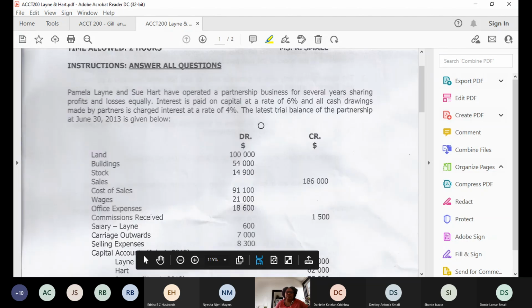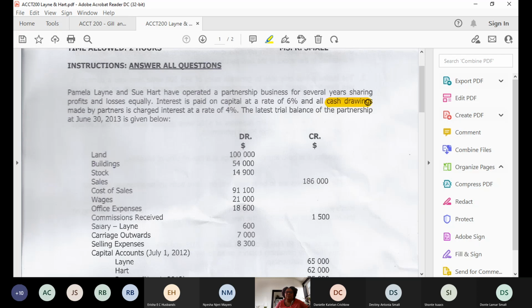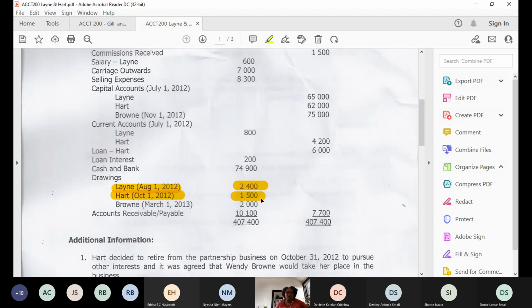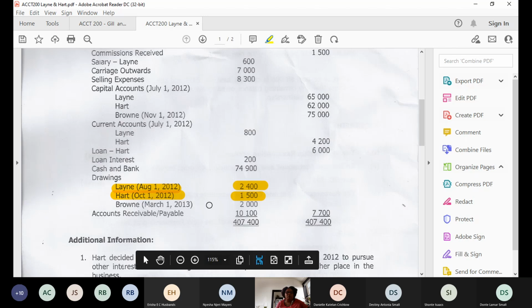We have to look back at the agreement. The old agreement states that cash drawings interest is at a rate of 4%. So we know that Layne and Hart must be charged an interest of 4% under the old agreement for these drawings. However, Brown was not there, so Brown cannot be charged at 4% under the old agreement.